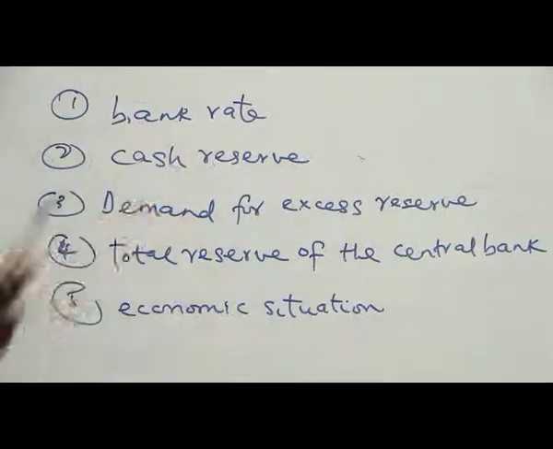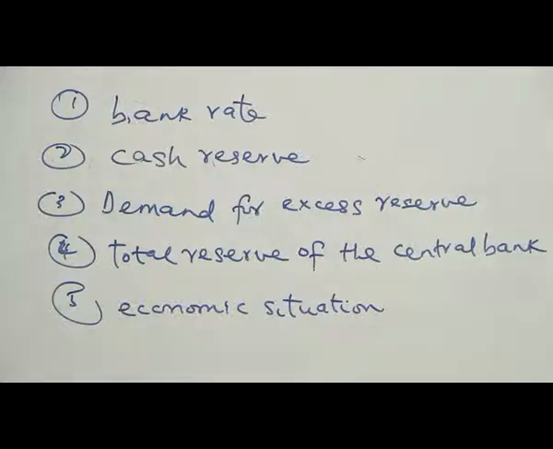Number 2, cash reserve. It can also be called cash ratio. That is, we are talking about the percentage of deposits commercial banks are expected to keep with the central bank. So every commercial bank is expected to keep a certain percentage with the central bank.